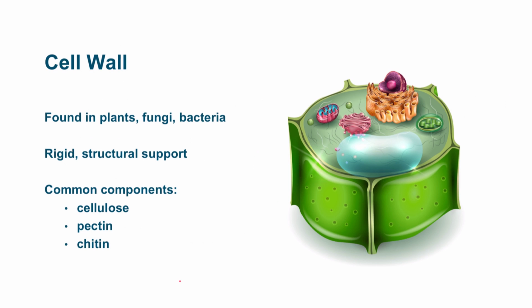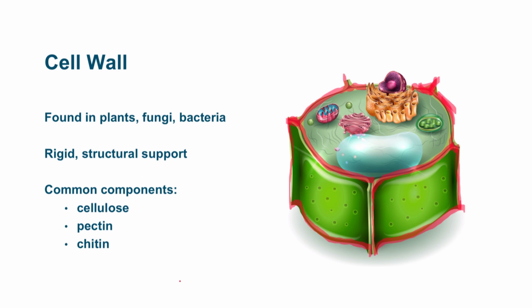And then we move to the cell wall, which is this part around the plant cell here. The cell wall is found in plant cells and some bacterial cells, some types of prokaryotes, and also in fungi. This is for structural support, basically.